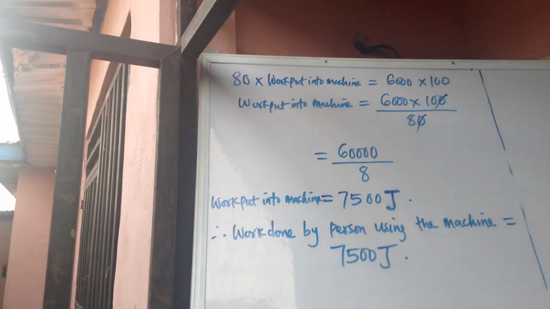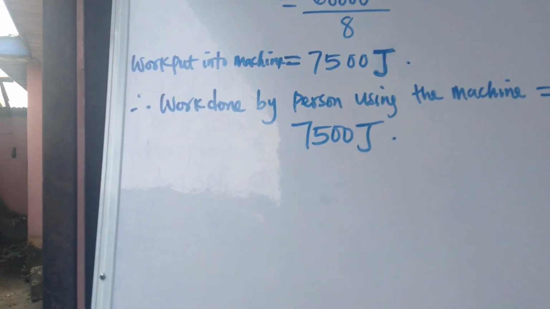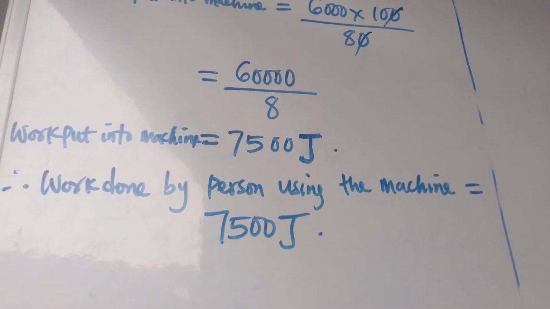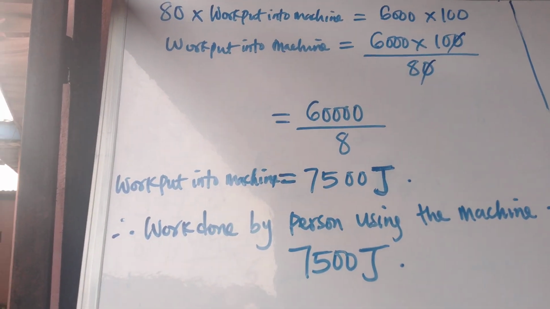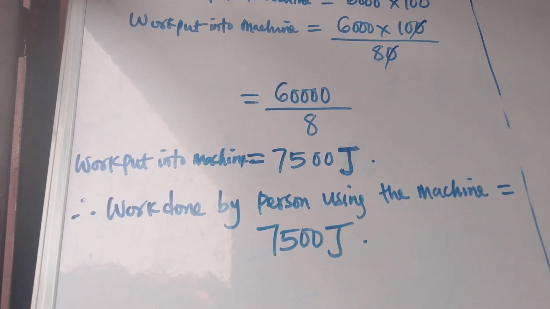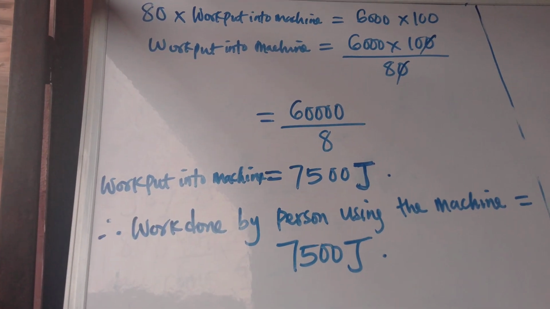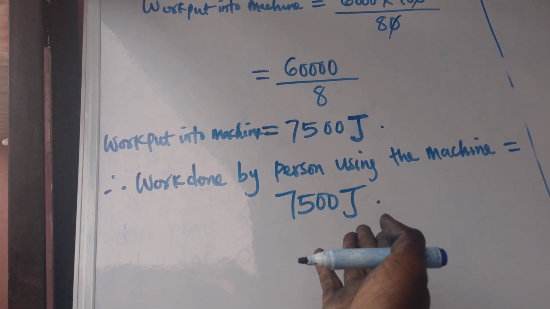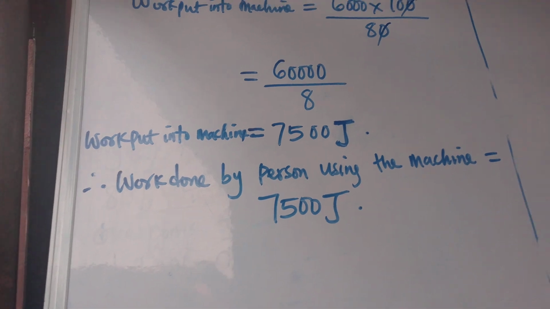So we made use of the formula which helps us obtain the efficiency of a machine, the third formula: efficiency is equal to the work done by machine divided by the work put into machine times 100 in percentage. Finally, the work done by the person using the machine is 7,500 joules.